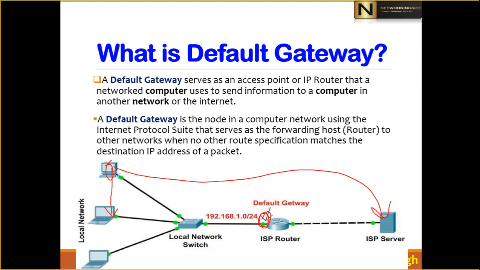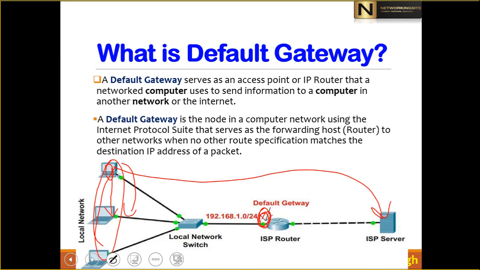If we are already inside the same LAN and the PCs want to communicate inside the same LAN, they don't need a default gateway. But if we want to communicate with someone apart from that network, we need the default gateway.